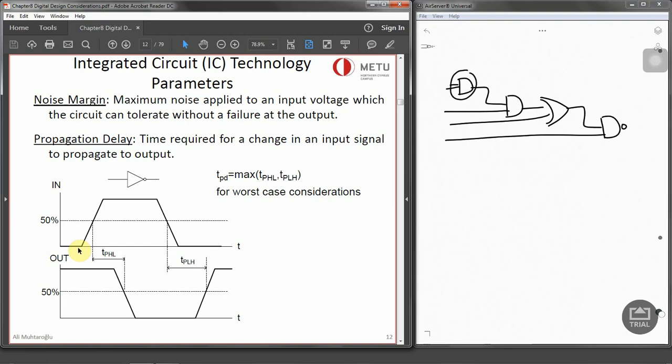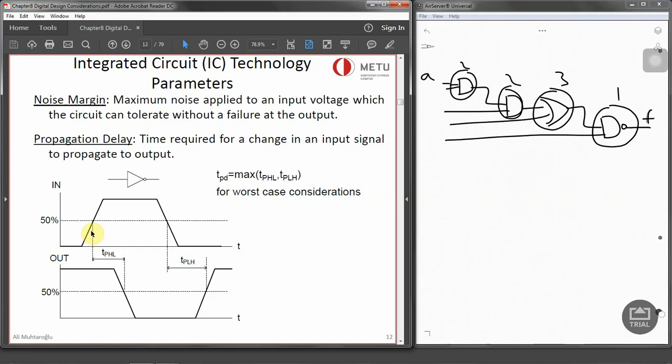Let's say this is 2, this is also 2, this is 3, and this is 1, for example. Now, if I fire an input from point A, and I want to observe the output at point F, what will happen there?